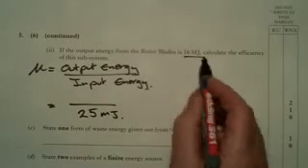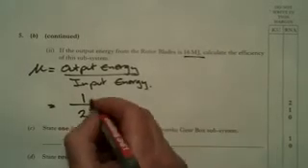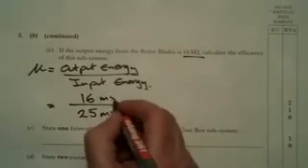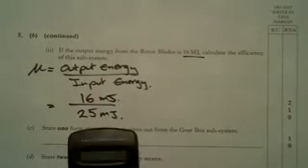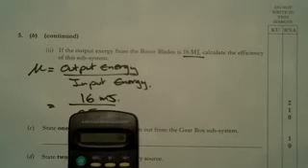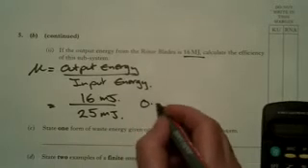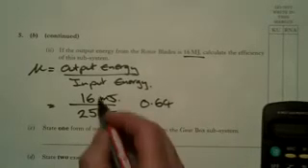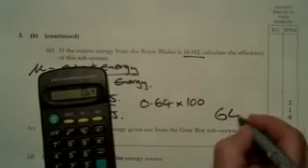It does give us 16 megajoules as the output. Back to the calculator, 16 divided by 25 equals, well, it says 0.64, and that's the ratio between the two. If you want that as a percentage, you have to multiply that by 100, and that gives us 64% efficiency.